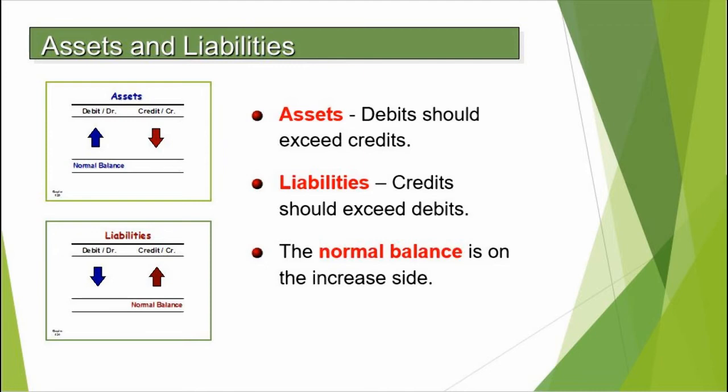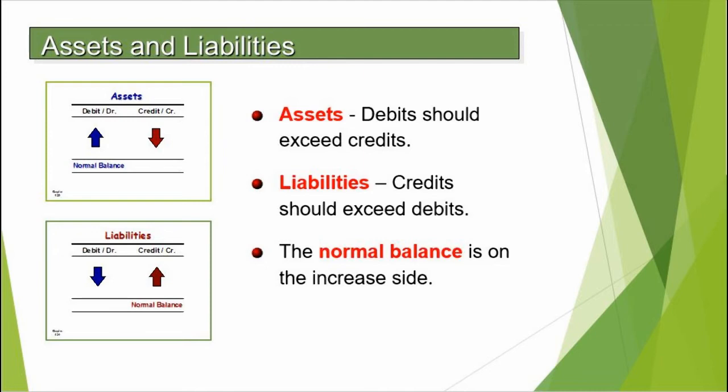Because if an asset is increased, we must write it on the debit, and if an asset is decreased, we must write it on the credit. But if liabilities are decreased, we must write it on the debit, and if liabilities are increased, we must write it on the credit.